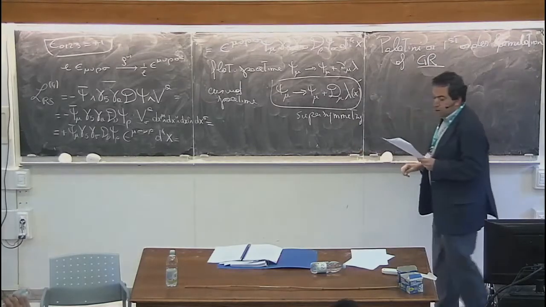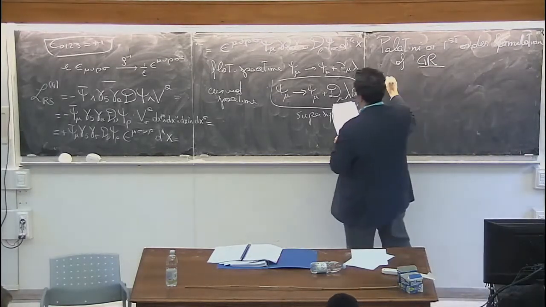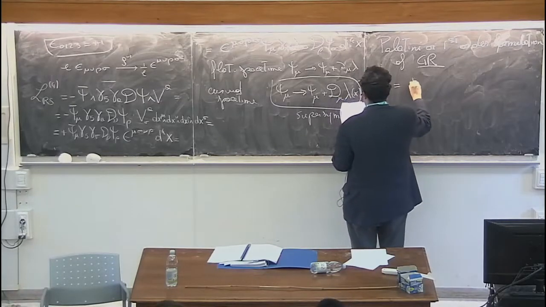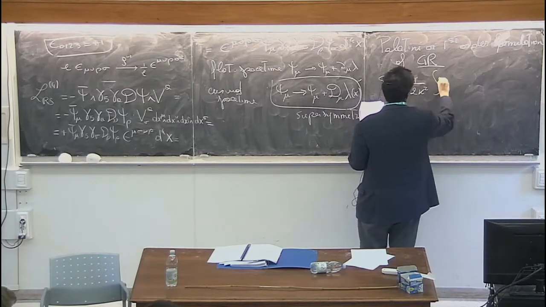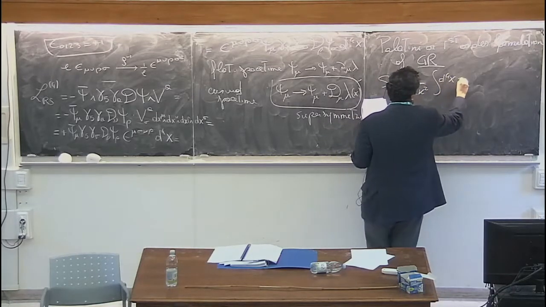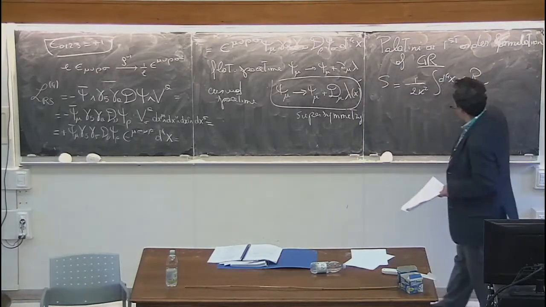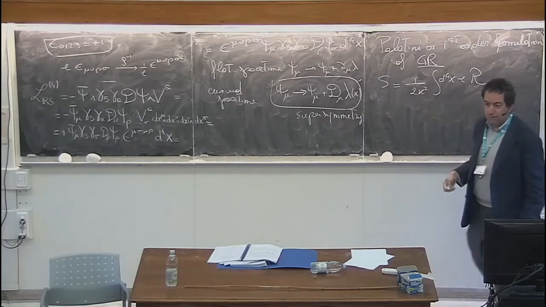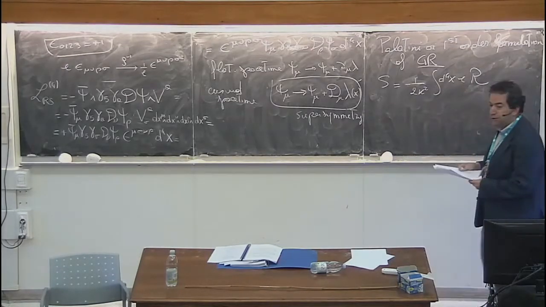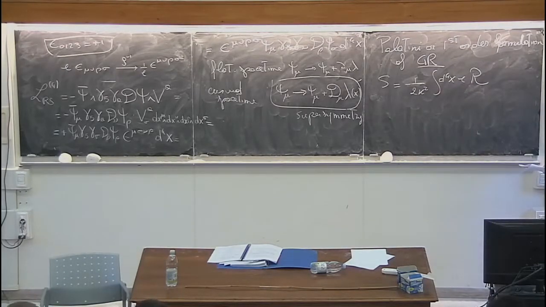You all know that general relativity is described by the Einstein-Hilbert action, where R is the curvature scalar and E is the square root of the absolute value of the determinant of the metric.